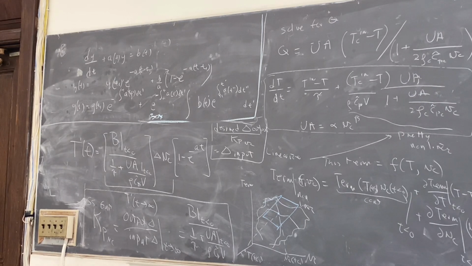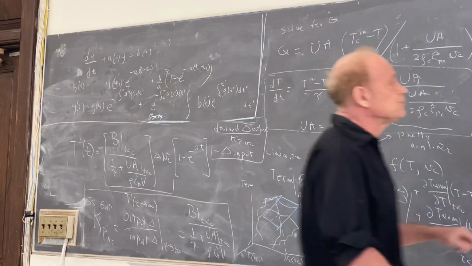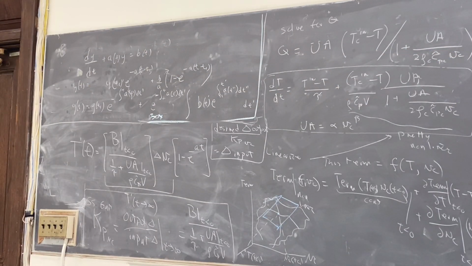Yeah, I guess I'm just confused because earlier we treated VC as a variable. It is a variable, yes. But remember, it's a variable that undergoes a step change. For t less than 0, it's one value. And then for t greater than or equal to 0, it jumps to a new constant and stays there.